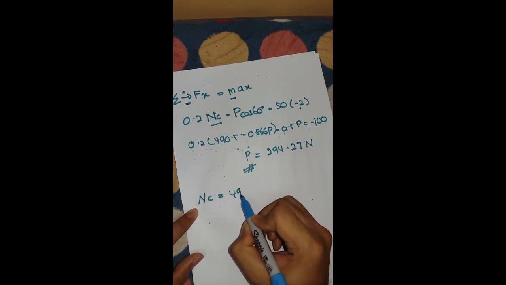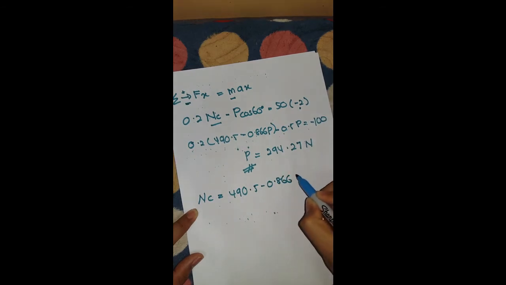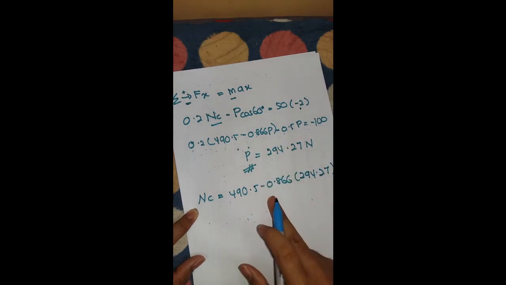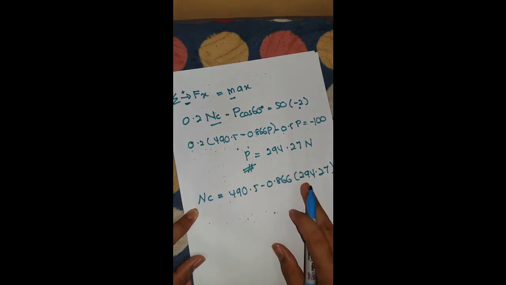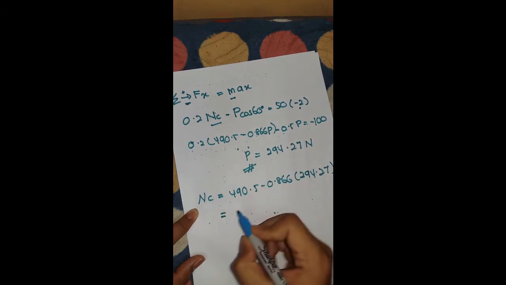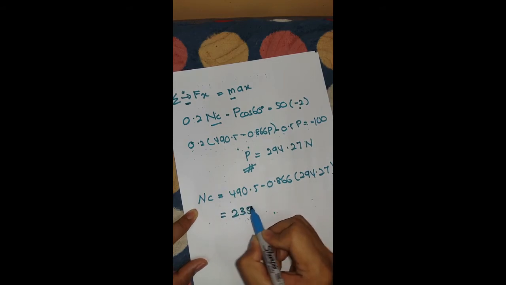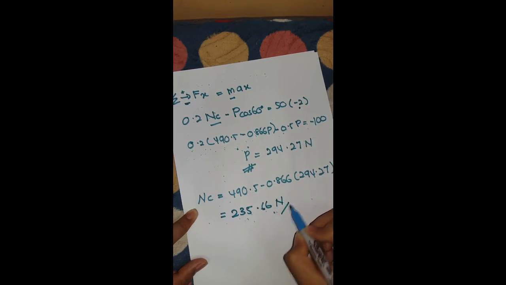So the previous equation is this. This is actually P here. When we put in 294.27 and you resolve it, you get the normal force 235.66 Newton, and that's the answer.